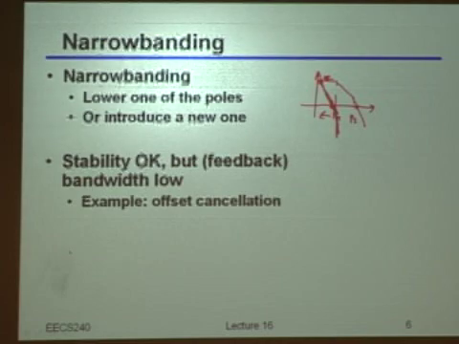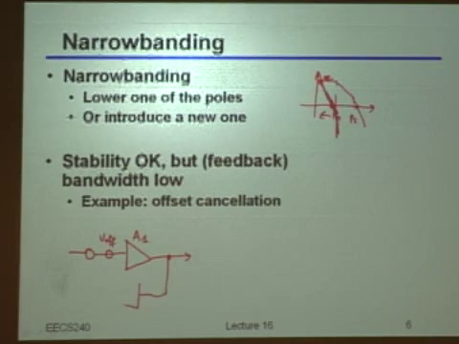Like, for instance, I could have a system like that, right, in which I have an amplifier, and I'm concerned about the offset that this amplifier is placing at the input, the V_off, of this A1, right? So I might architect a feedback in which I even place an active component in the feedback network.